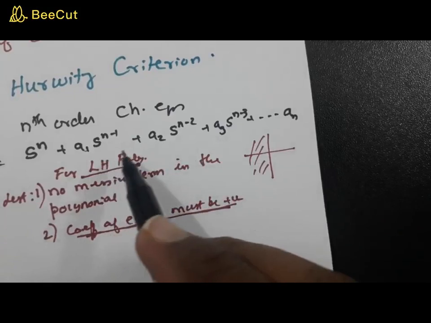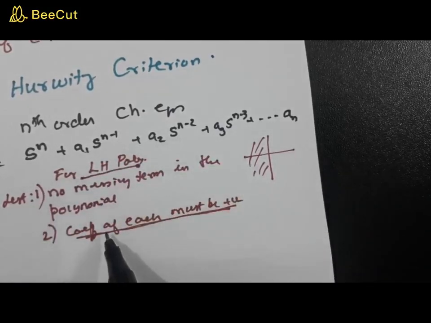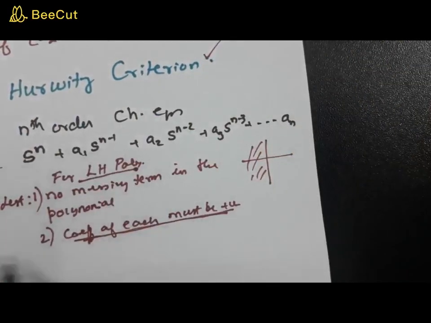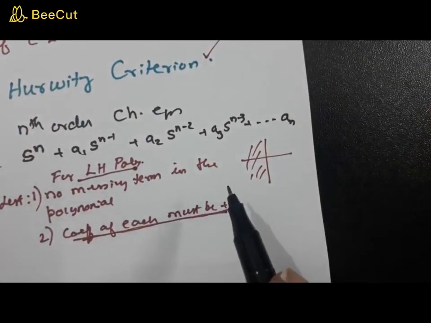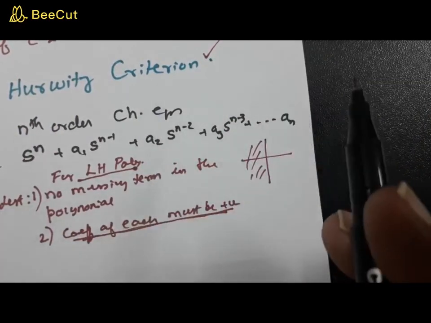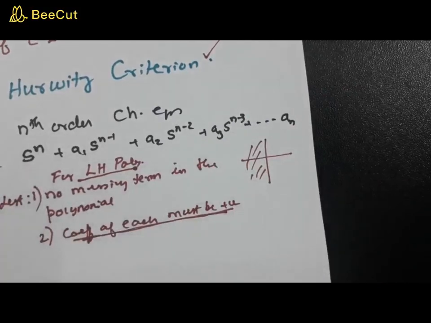Now for any left half poles you are going to have this character. So this is just a preliminary test. You need to do this Routh-Hurwitz criterion for finding out the exact answer. This won't give you an exact answer to the question whether the system is stable, but you can have an assessment before doing the Routh-Hurwitz criterion.